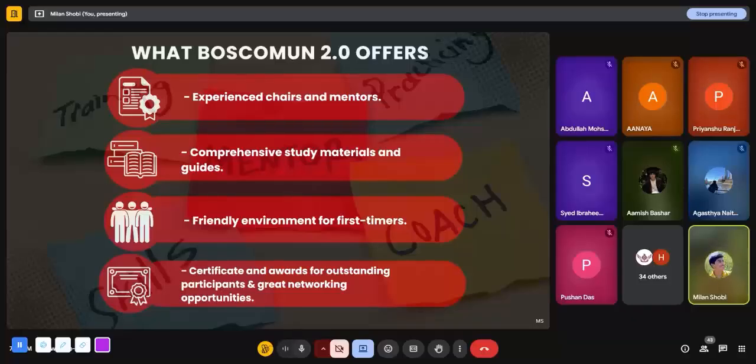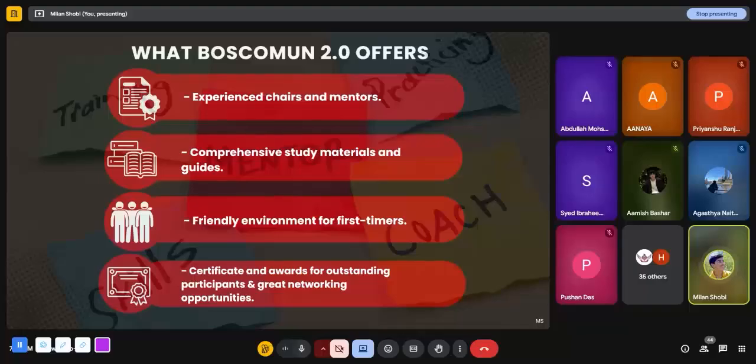Your executive boards, your chairpersons, and your vice chairpersons are actually interested in helping you out, letting you know it's all right to be a first timer. We all have been first timers, but we are here to help guide you through the entire process to actually win even the first MUN that you're attending.